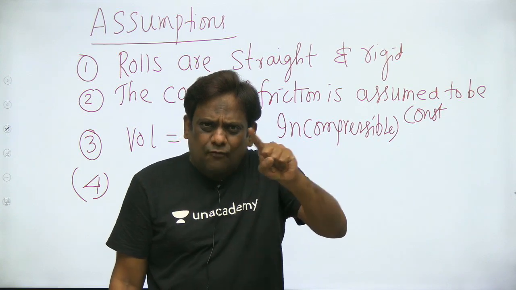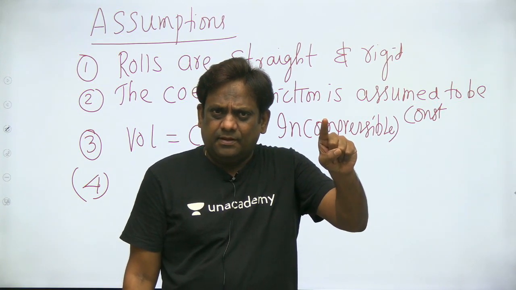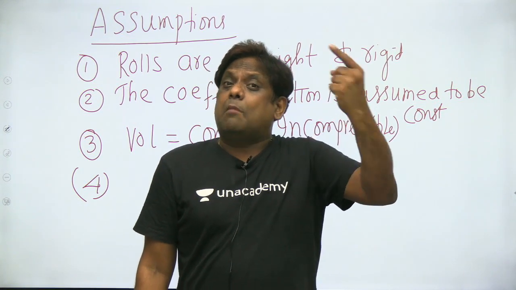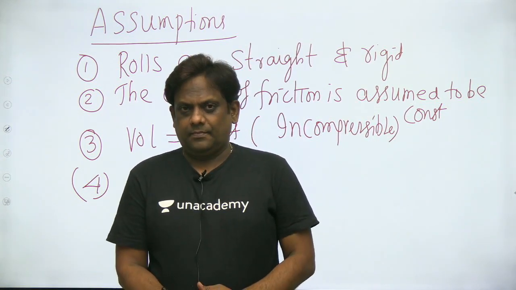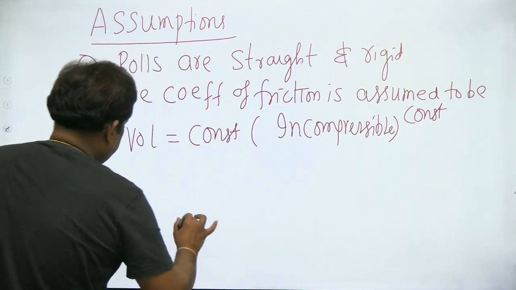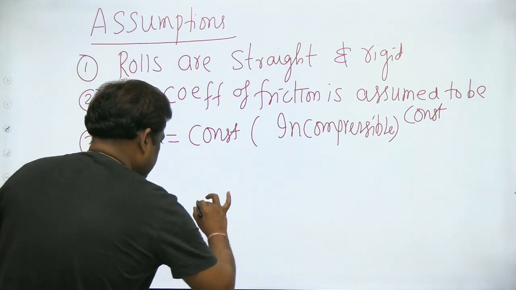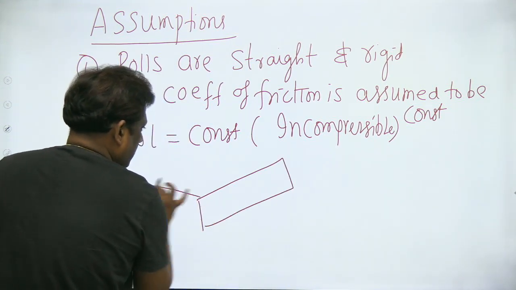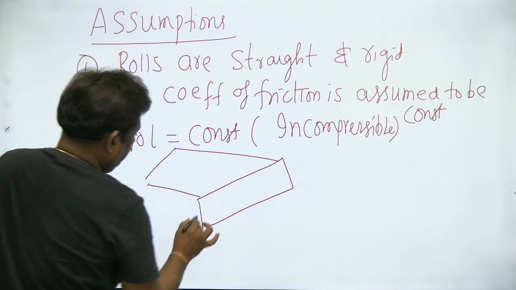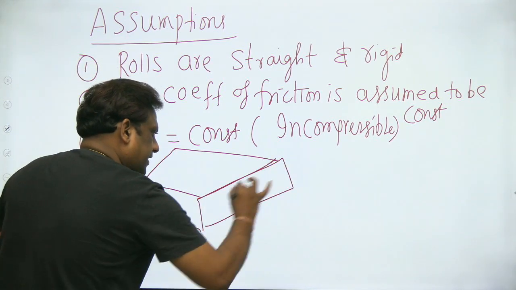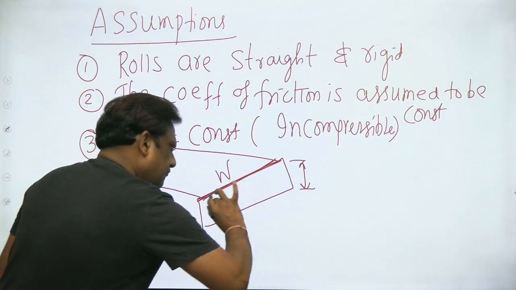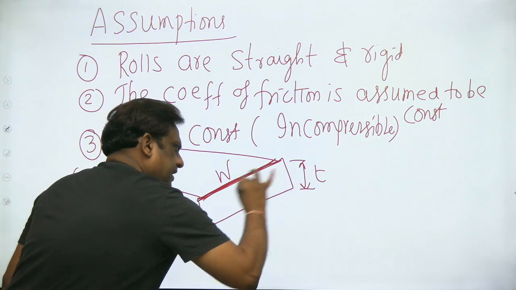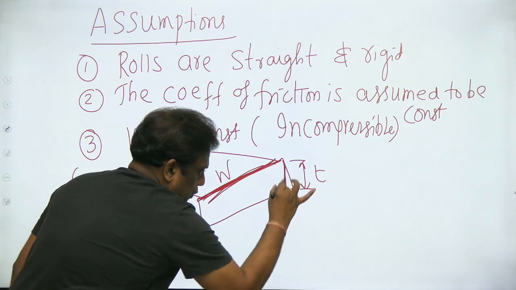And the fourth assumption is also very, very important. The width of the strip is very large compared to the thickness. So what is this? It's something like this. Look, listen, this is the width and this is the thickness. The width of the strip is very large in comparison to its thickness.